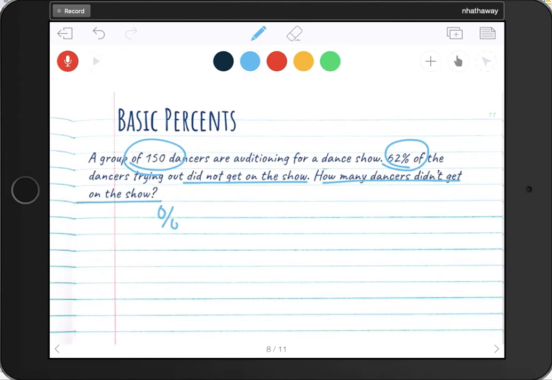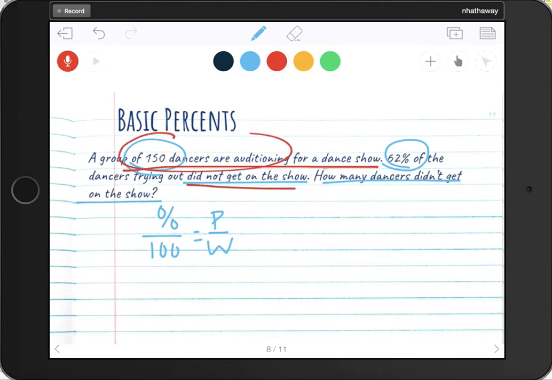So if we do our percent proportion here, part and whole. Well, let's think about what this is asking about. It's saying 150 dancers auditioned, and then some did not get on the show. So the ones that auditioned, that's your whole. So that's 150. So let's write that. 150.